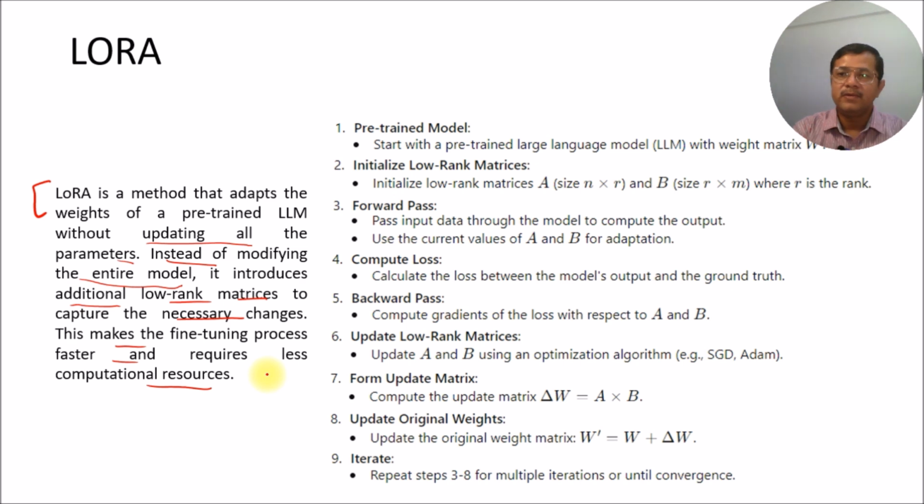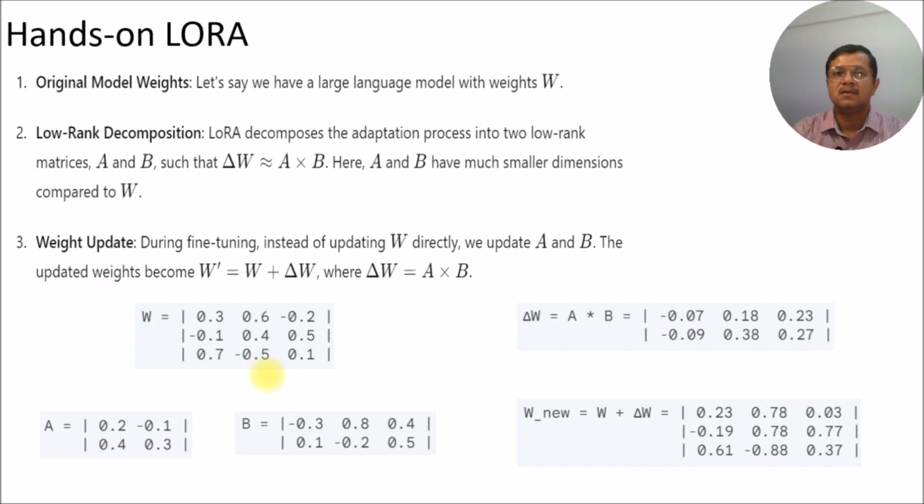Now we will try to understand how low rank adaptation achieves this task. This will be easy to see from a hands-on example. Suppose we have an original model coming from a pre-trained model with weight W. The second step is to get the low rank decomposition. Here, low rank decomposition is not matrix factorization or any kind of matrix decomposition technique.